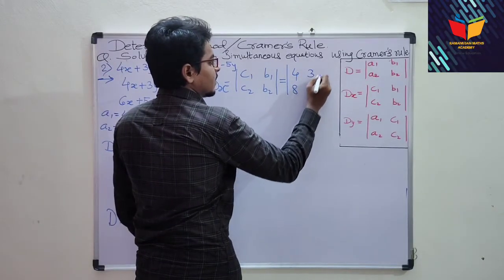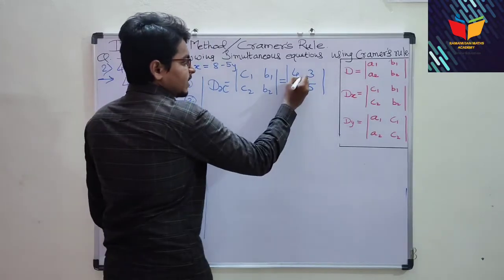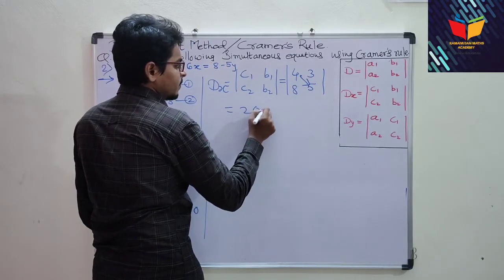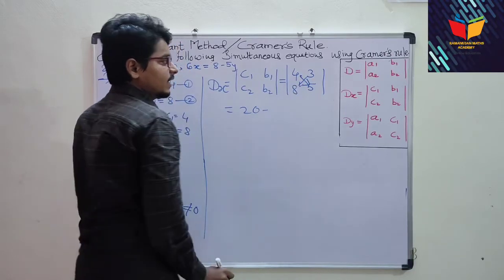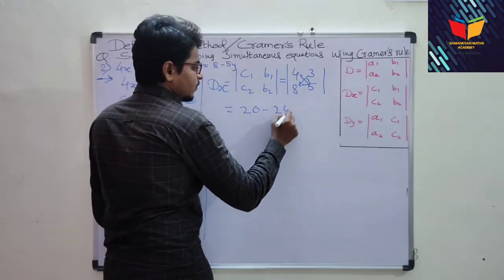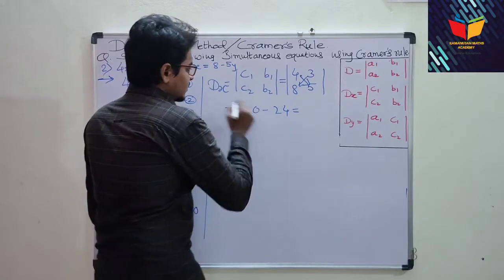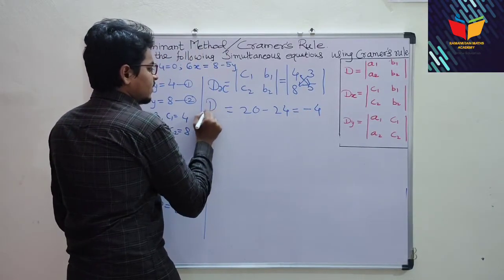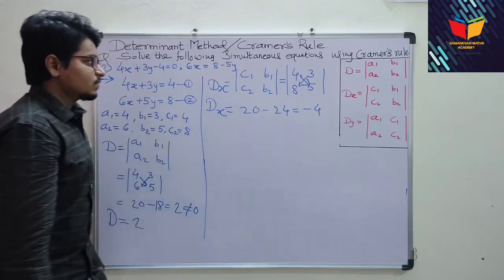Now their multiplication, 4 into 5, which is equal to 20, minus 3 into 8, which is equal to 24, and hence the dx is minus 4. Value of dx is minus 4.